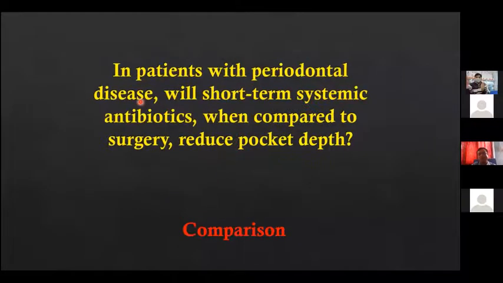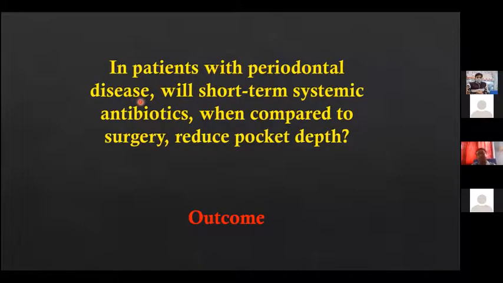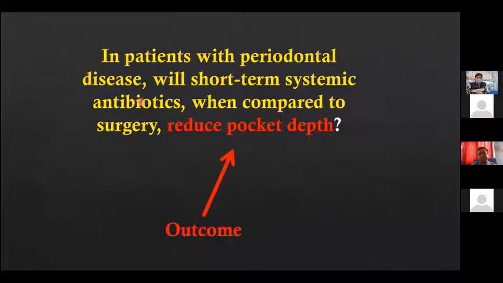And this short-term antibiotic treatment, we are comparing it with what? Surgery. And what is our ultimate outcome? Our ultimate outcome is reduction of the pocket depth. So if you frame your problem question in this PICO format, you will get the important keywords which will help in identifying the evidences.